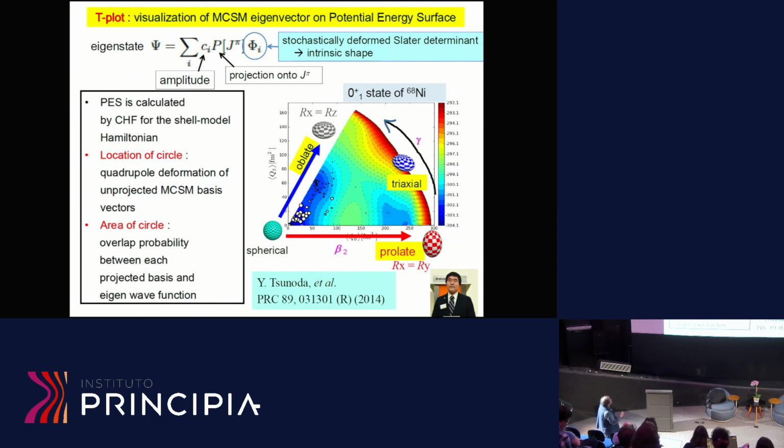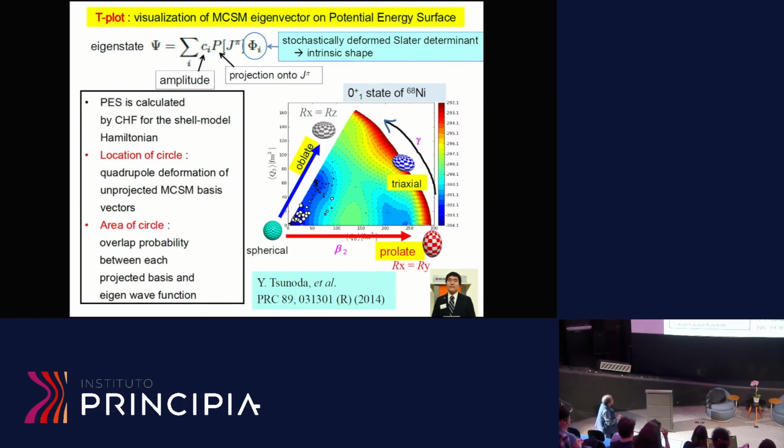So this is about the T-plot. Let me start with this potential energy surface. This is the standard potential energy surface of the Hamiltonian we are dealing with. This example is the nickel 68 ground state. The potential energy surface is like this, and the blue part is lower energy, so it's very low here, but also a little bit low here.